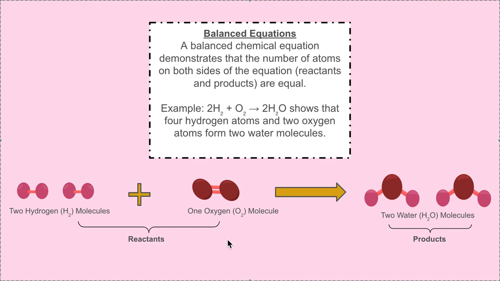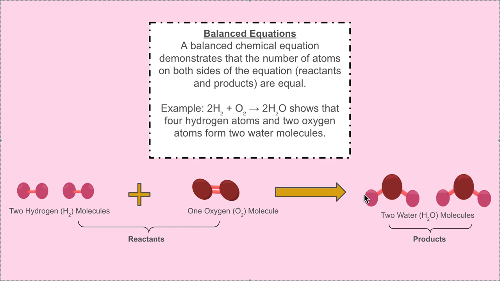So let's say, for instance, that we are going to combine 2 hydrogen molecules with 1 oxygen molecule to make 2 water molecules. Well, you can see on the reactant side, what we start with, I have a total of 1, 2, 3, 4 hydrogen atoms.